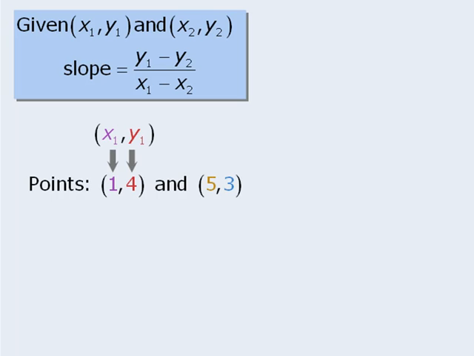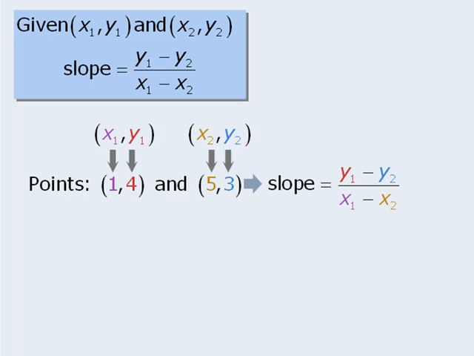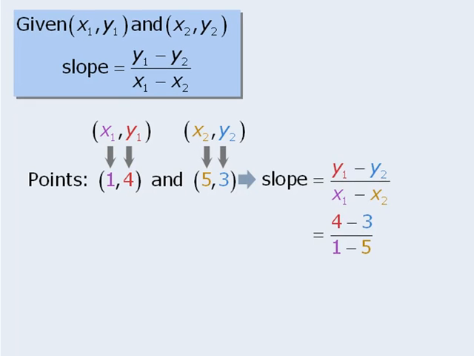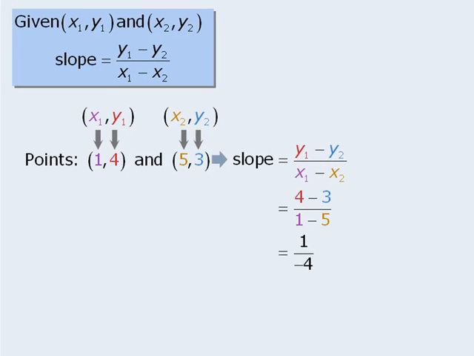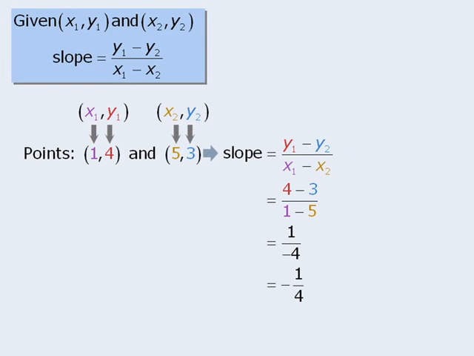So first we'll let coordinates (1, 4) be equal to x1 and y1, and then we'll let coordinates (5, 3) be equal to x2 and y2. From here we'll take the slope formula and plug in the corresponding values. When we simplify this, we get 1 over -4, which we can also write as -1/4.